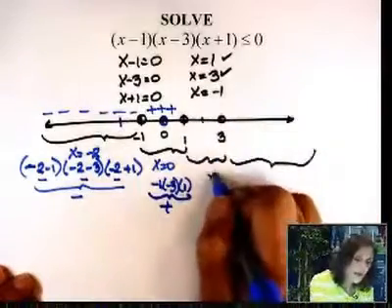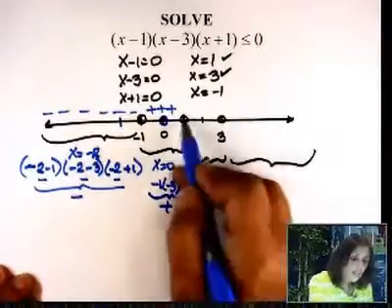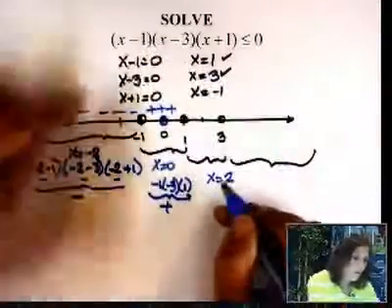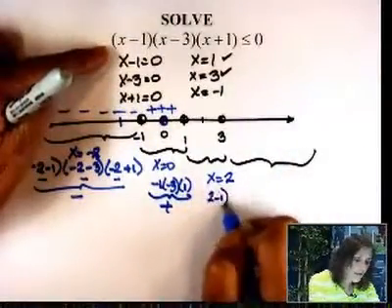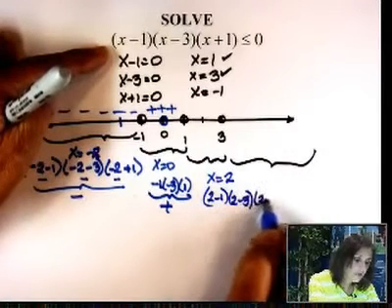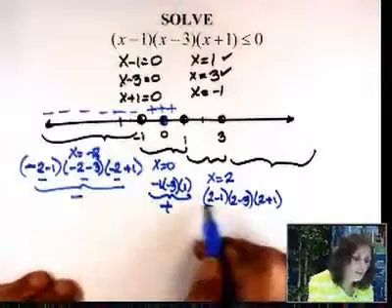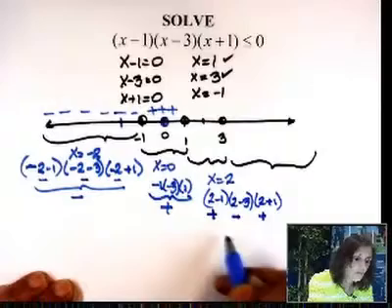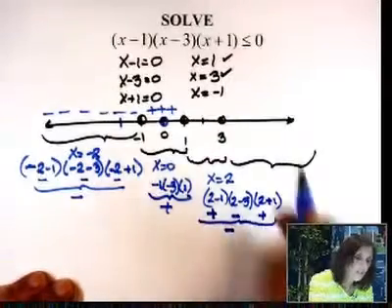It doesn't matter what you pick. It has to be between 1 and 3. Let's pick 2. When you put 2, look what you get. 2 minus 1 times 2 minus 3 times 2 plus 1. You don't even have to calculate it. This will give me positive, this will give me negative, this will give me positive. The whole thing is going to be negative.